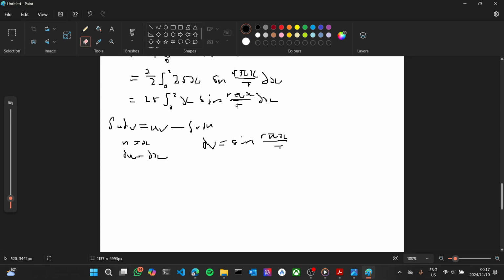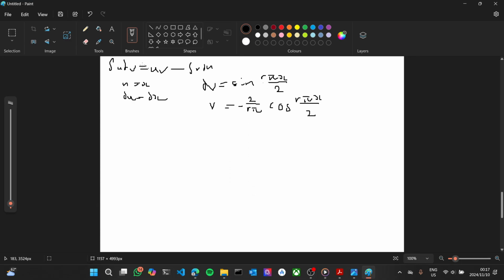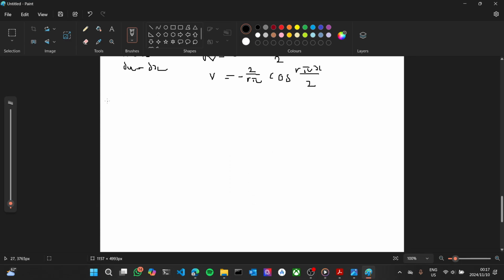I was supposed to put the actual value of the period over 2, and right here over 2. So v then is equal to negative 2 over r pi cosine r pi x over 2. Sweet.